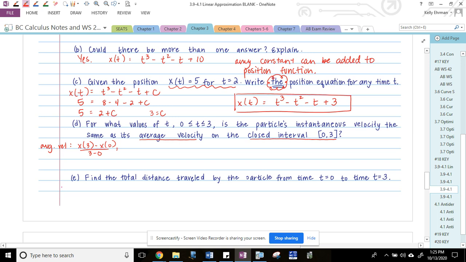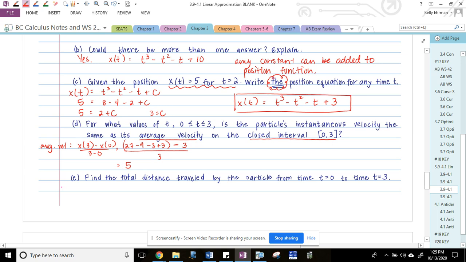So the average velocity, when you plug in 3 into the position function with plus 3 on the end, you'd get 27 minus 9 minus 3 plus 3, minus, when you plug in 0, 3, and then it's all divided by 3. Okay, so 27 minus 9 is 18, and then these 3's cancel themselves out. 18 minus 3 is 15 over 3. So I get an average velocity of 5.